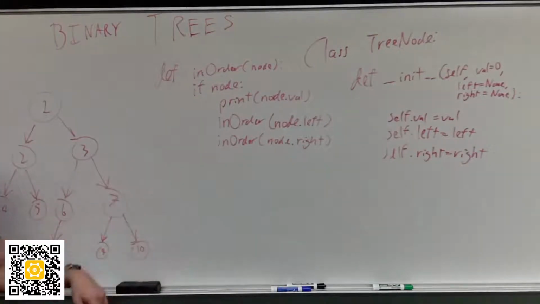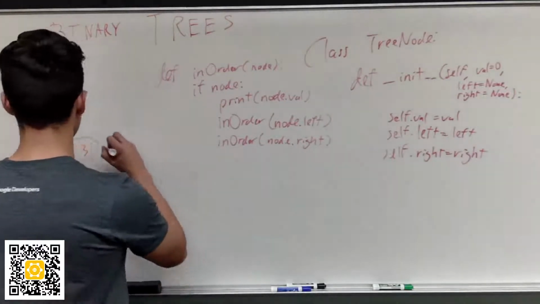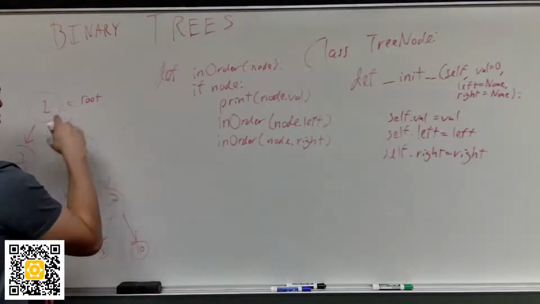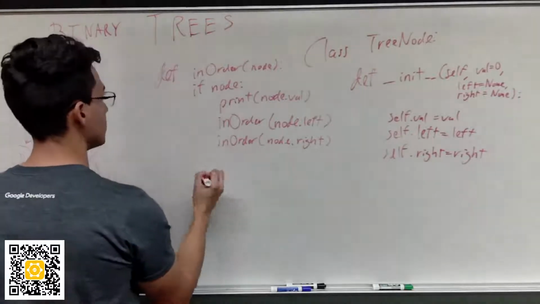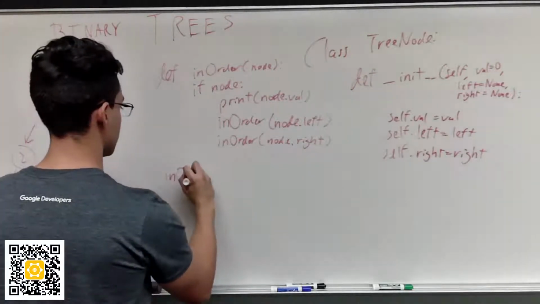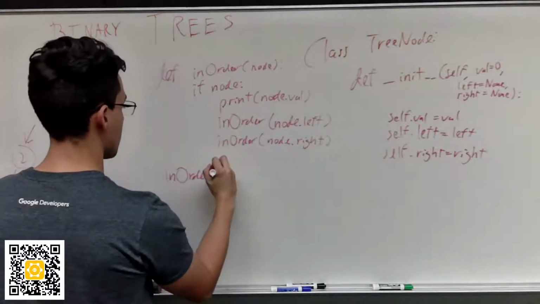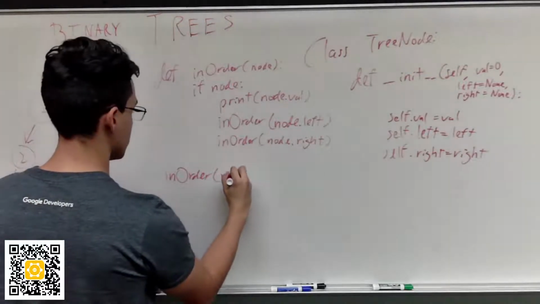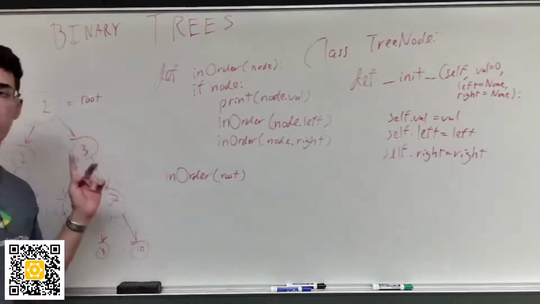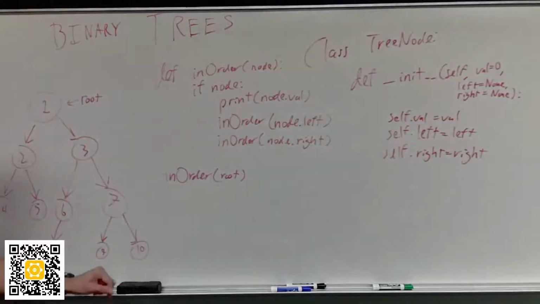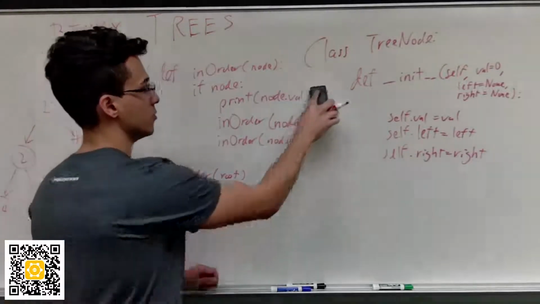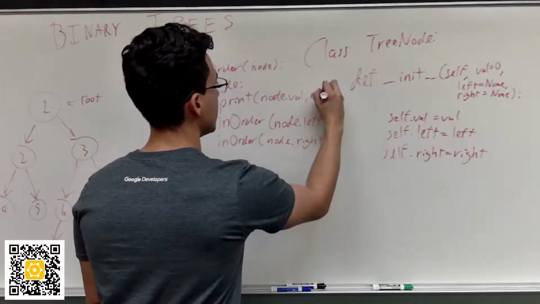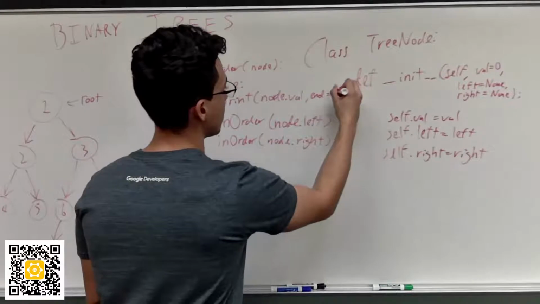So let's say we call this one root. How's that going to print everything?